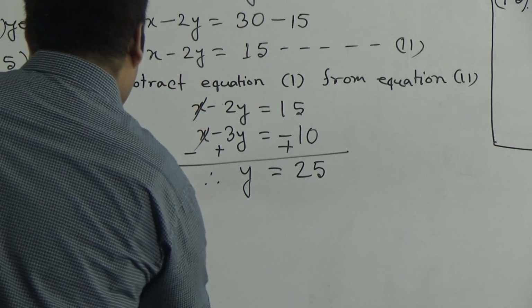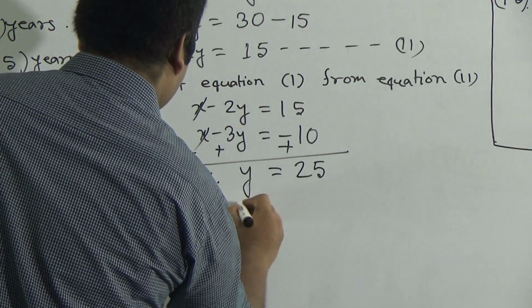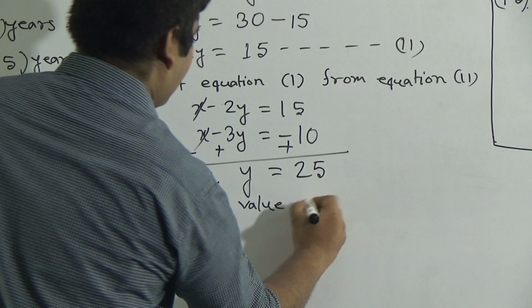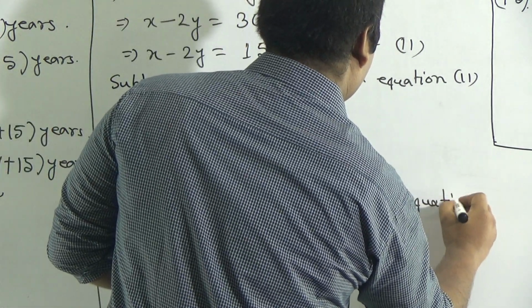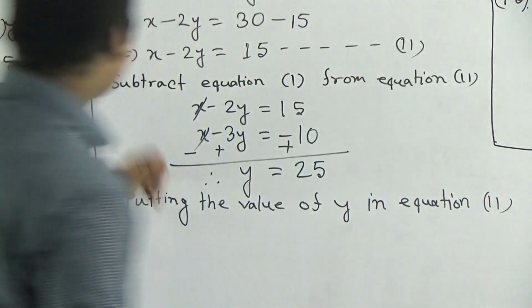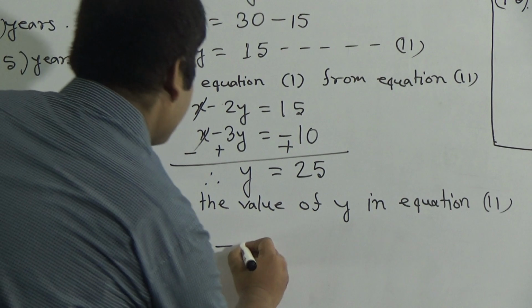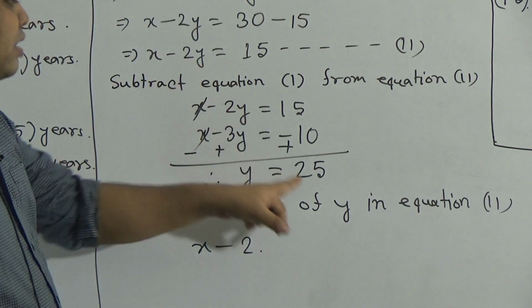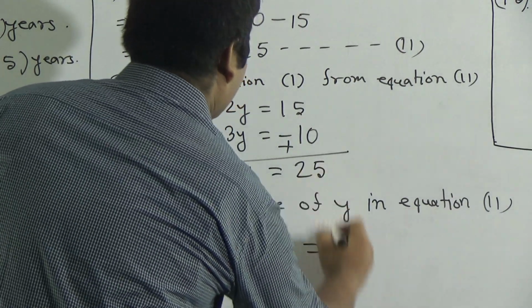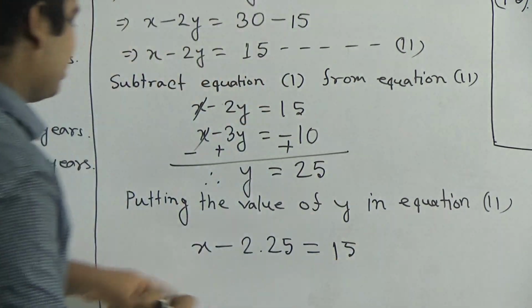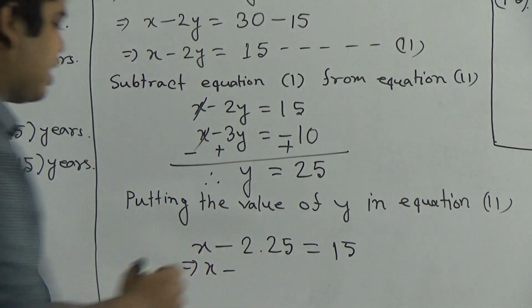Now, putting the value of y in equation 2. Notice here x, that means write x minus 2 into, what is the value of y? The value of y is 25. So, we write 25, then 15. Now, x minus 50 equal to 15.